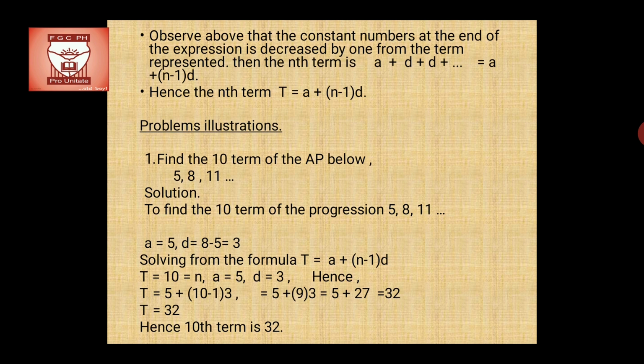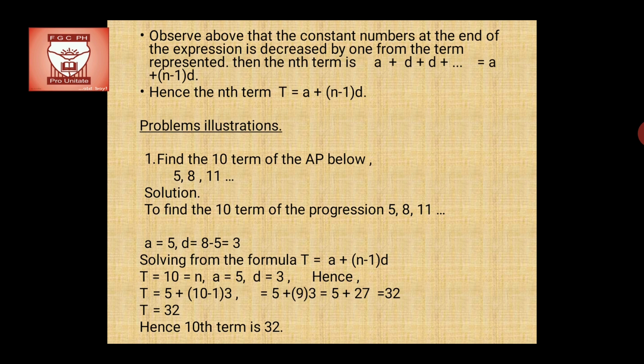To find the 10th term of the progression 5, 8, 11, etc., let's identify our terms. Our A is equal to 5. Our D, solving it out with two immediate numbers, we have 8 minus 5, which is equal to 3.